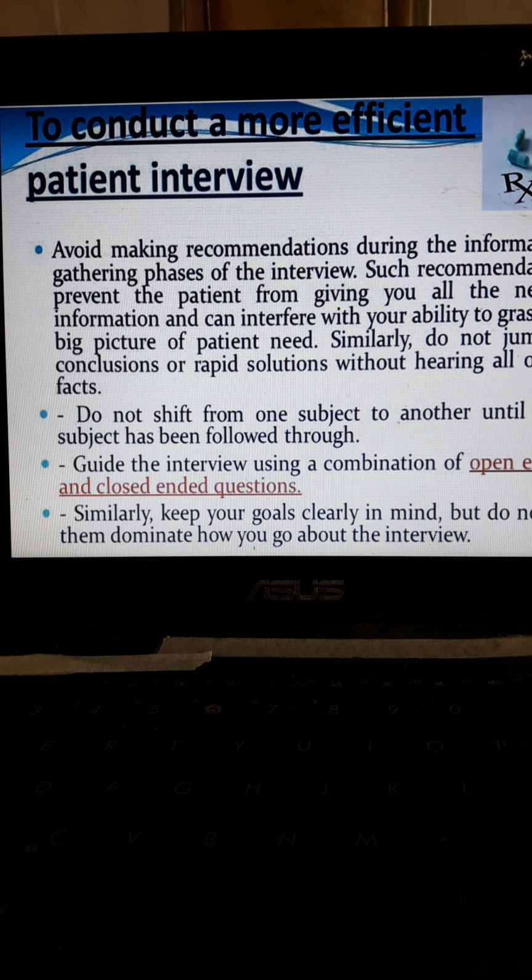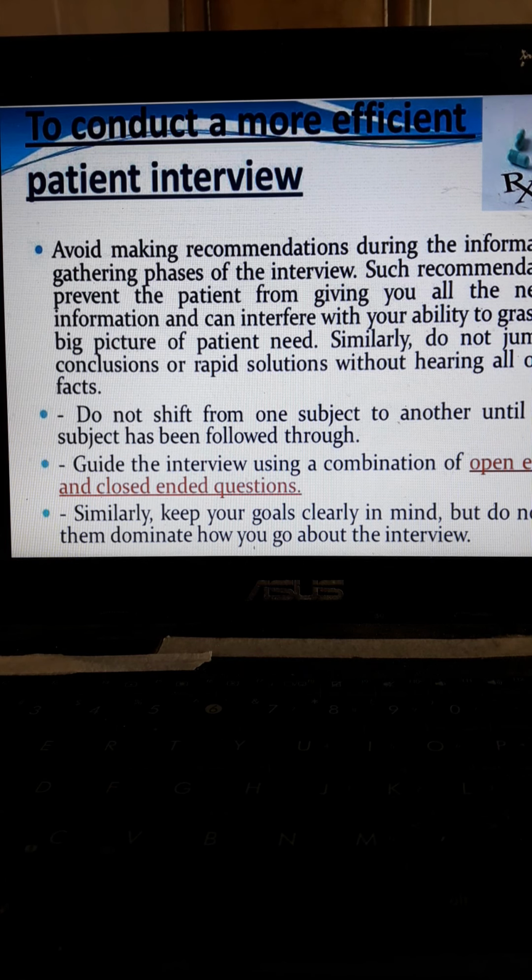Similarly, do not jump to conclusions or rapid solutions without hearing all the facts. You have to keep on asking questions and listen to the patients first before you jump to conclusions. Do not shift from one subject to another until each subject has been followed up. So you have to focus first on the first issue or condition of the patient.